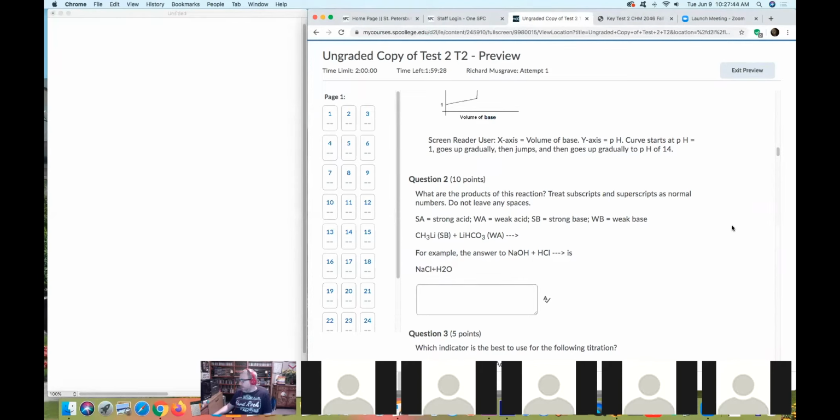I'll give you a minute or so. Now, whether it's a strong acid or a weak acid or a strong base or a weak base doesn't really matter, but it does matter if it's an acid or a base. That can really affect what's going on here.